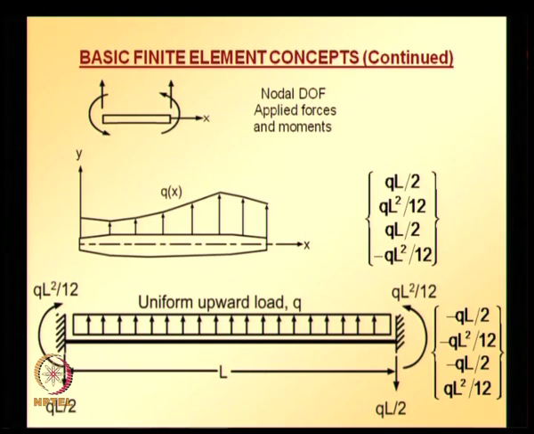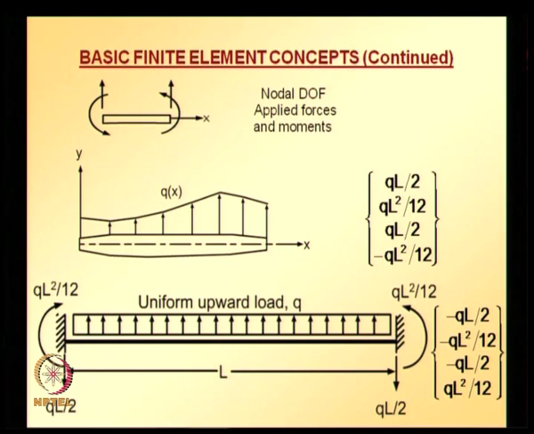Again at the left end the moment is QL square over 12, which is acting in a negative direction following the sign convention for applied forces and moments. So it is going to be minus QL square over 12, similarly the rest of the quantities.